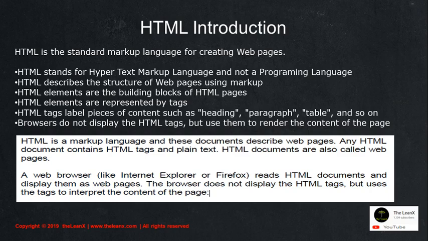HTML stands for hypertext markup language, and this is just a markup language and not a programming language. HTML elements are the building blocks of an HTML page, and we can say HTML is the building block of every website.